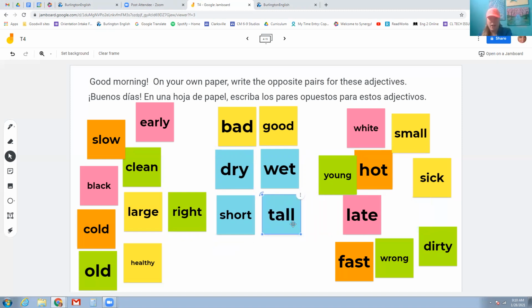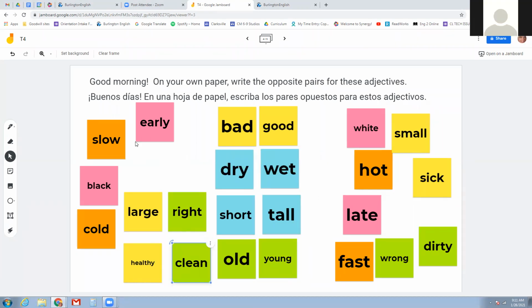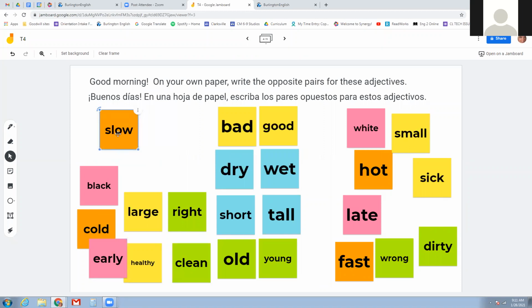Very good. They are opposites. How about old, viejo, and young? Joven. Good. Let's see. Next we have the word slow, lento. What is the opposite of slow? Fast.